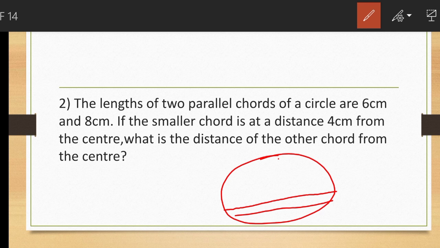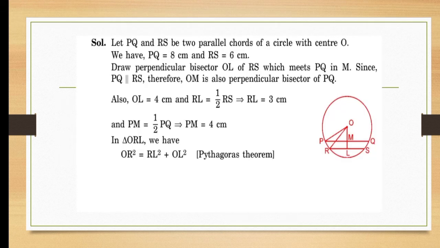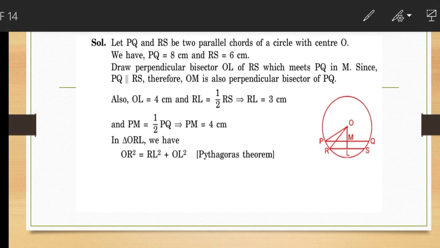So the smaller chord is at a distance 4, and we need to find the distance from the center for the bigger chord.